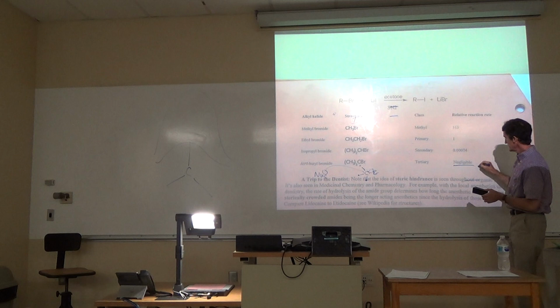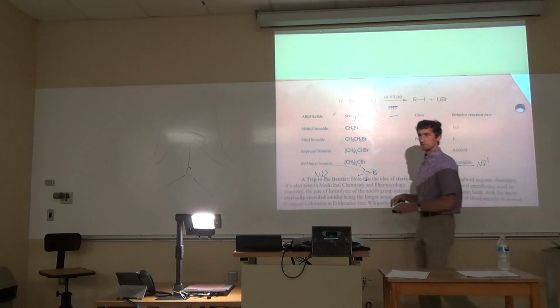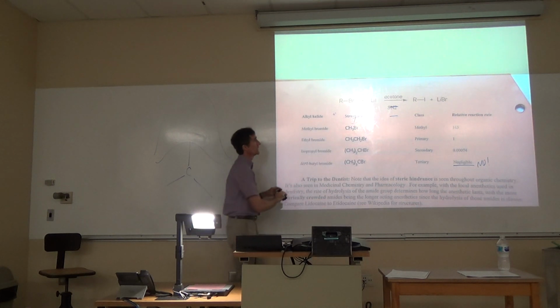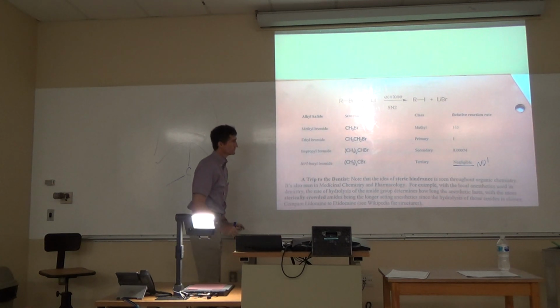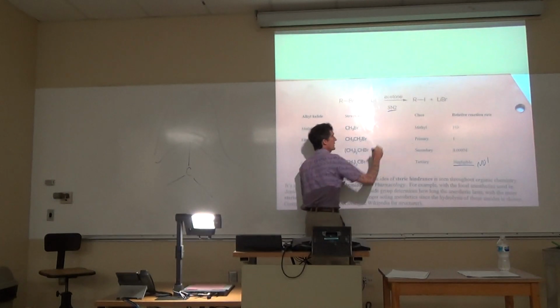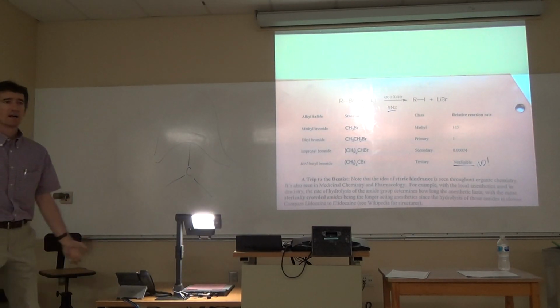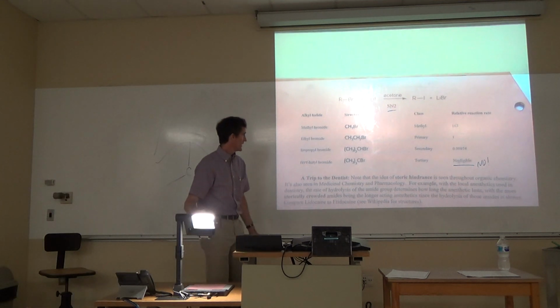Negligible, or basically no for us. Okay, just call it no. Tertiary. Again, this is by Sn2. We can discuss why that is an Sn2 and why it's not Sn1. We'll do that in due point.